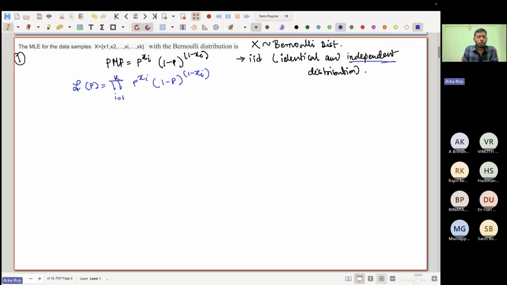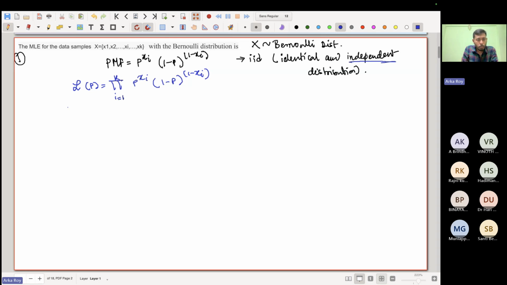Now we have to maximize the likelihood to estimate the parameter. This particular thing is in multiplicative form, and for calculative stability we convert multiplication into addition.